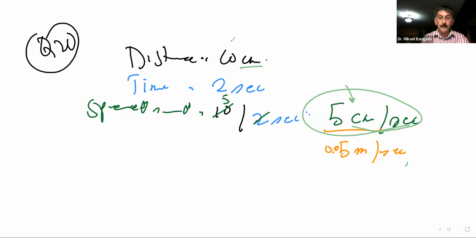So if you don't know how many centimeters there are in a meter, then you will be lost.